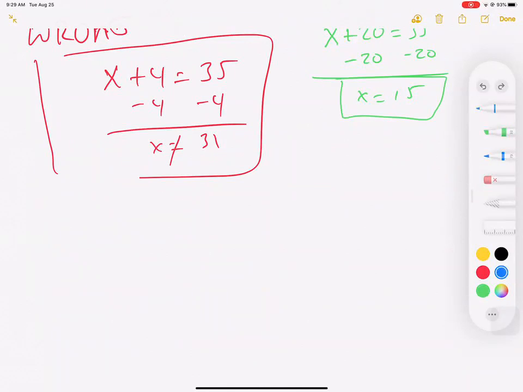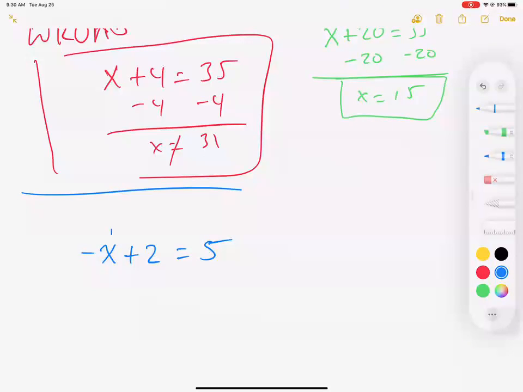We'll say it's going to be negative x plus 2 is equal to 5. So we follow our rules like before. Our goal is to solve for which variable? Solve for the variable x.